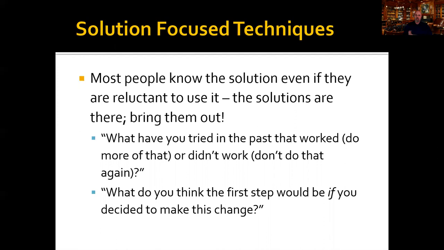Certainly they know what wouldn't work if they've tried it before, but they often have some ideas about what might work. And so part of a solution-focused technique is to ask them the question, well, what have you tried in the past that worked? And then to ask them, well, what have you tried that didn't work before? That is already a built-in solution-focused process, because if they've tried something in the past that worked, well, then do more of that.